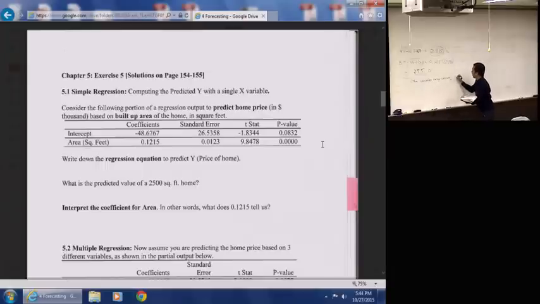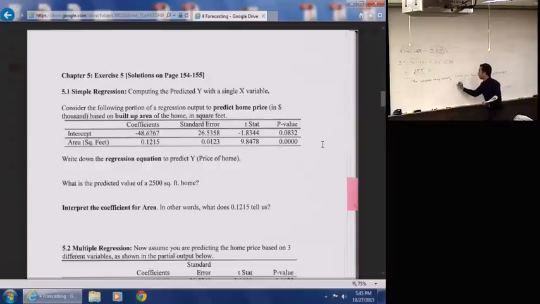So increase your house size, is it house size or area, by 1 square foot, right?